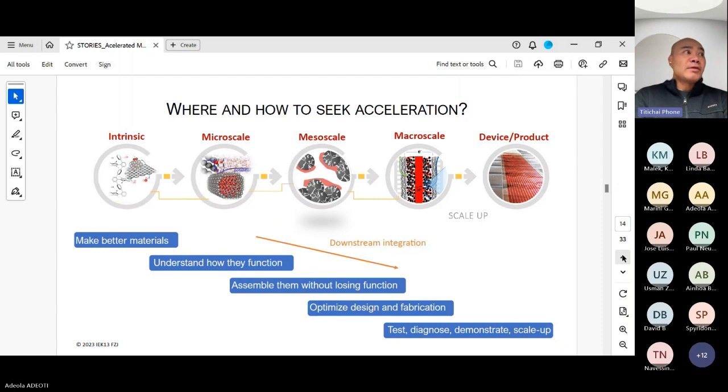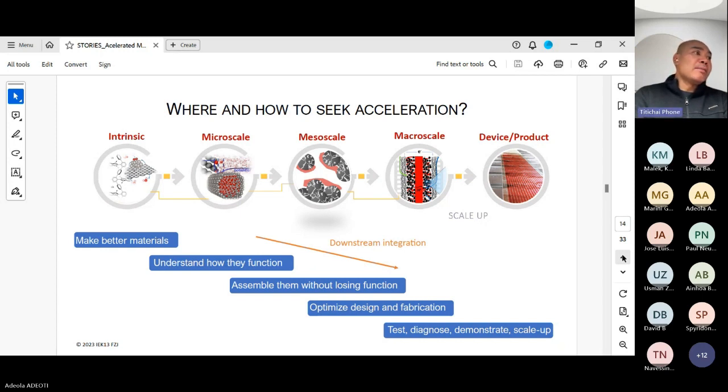In this case, from the membrane and catalyst down to catalyst layer, and then to the catalyst-coated membranes, which is at the mesoscale, to membrane electrode assembly at the macro scale, and to cell and stack level at the device and product scale.